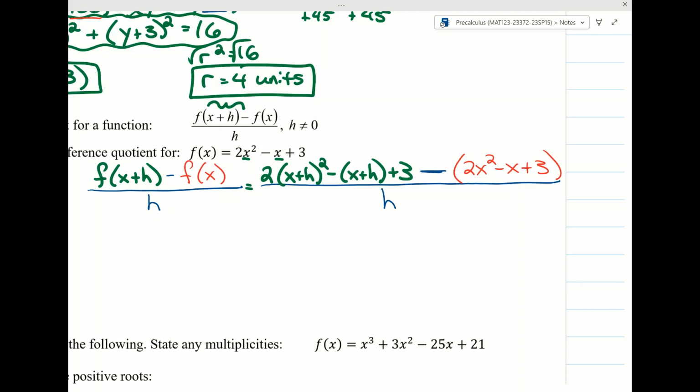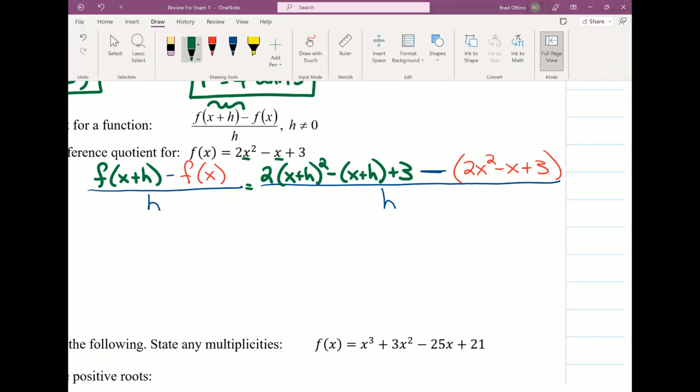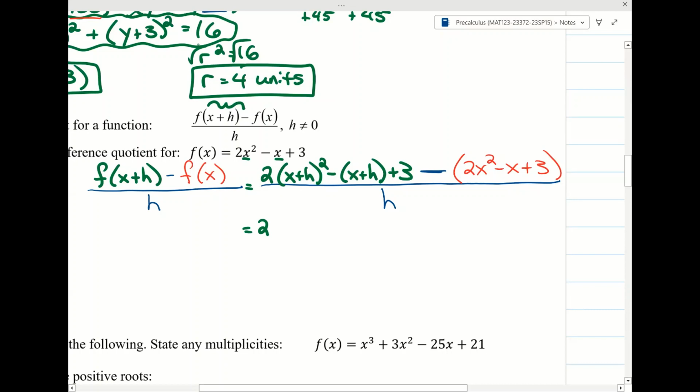So now let's start simplifying. We're going to have to do a lot of distributing.